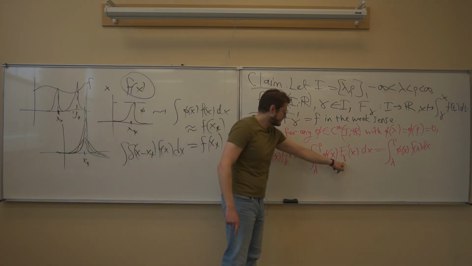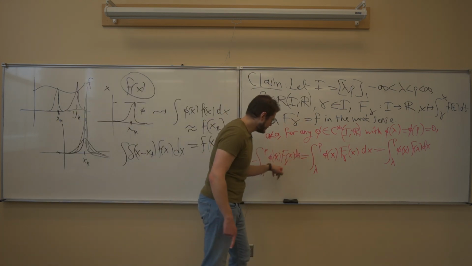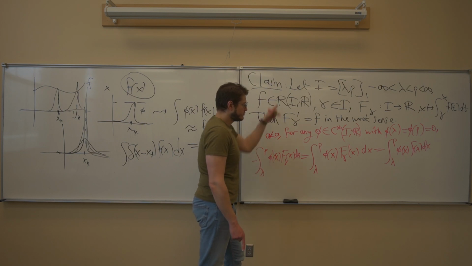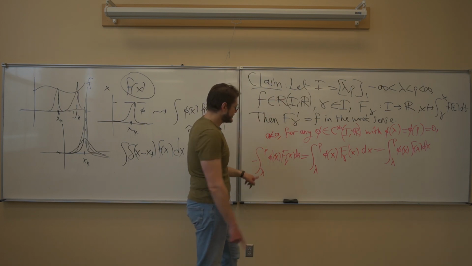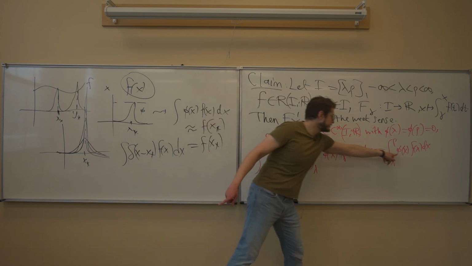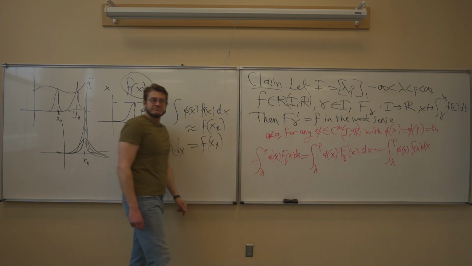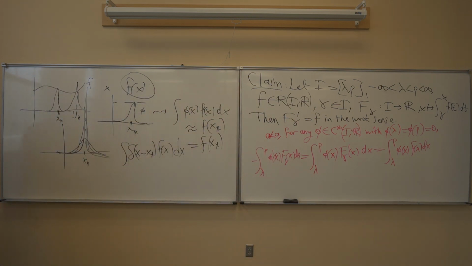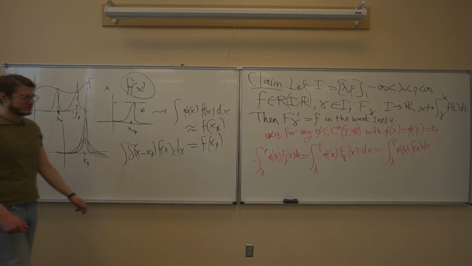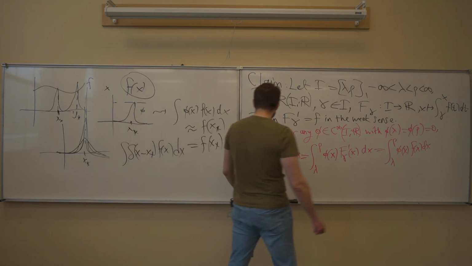So this doesn't make sense, but this does. So I'm defining this to be this. And so the statement of the claim is that this integral is equal to this integral. That's what it means for f prime to be weakly differentiable and its weak derivative being equal to lowercase f.